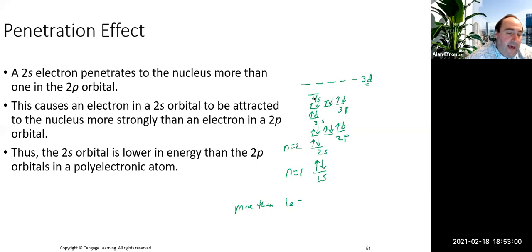But actually, as these orbitals shift a little bit with more electrons involved, and again, these are all negatively charged electrons, not happy to be near each other, so they try to spread out a little bit, the 4s orbital is actually lower in energy. So it would get the electrons first, followed then by our 3d.